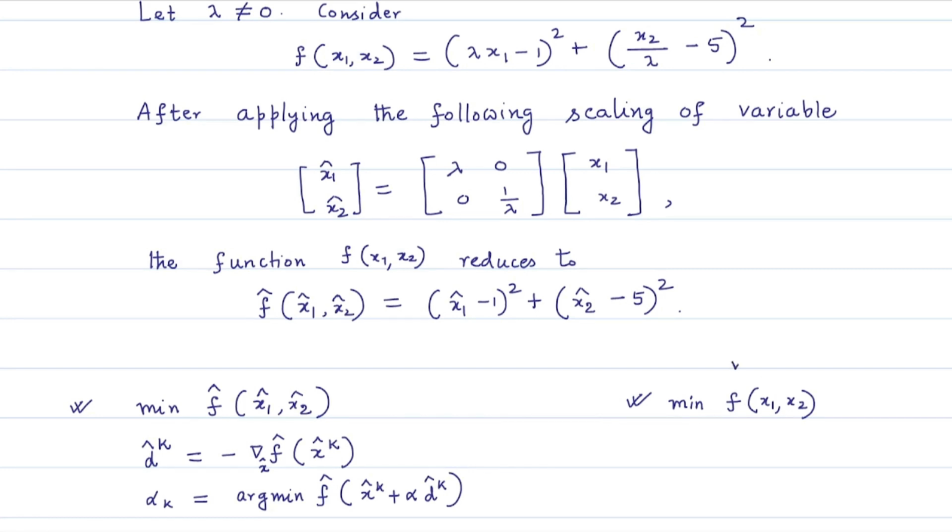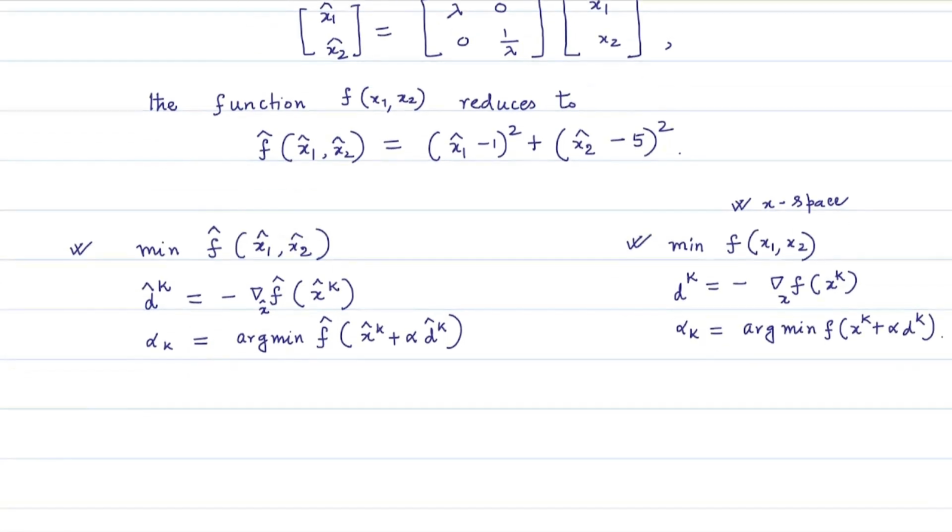Similarly, in the space of x variable, employ the descent direction dk as the negative of the gradient at xk, and take alpha k as the exact step length, that is, the argument of the minimum of the function f at xk plus alpha dk.